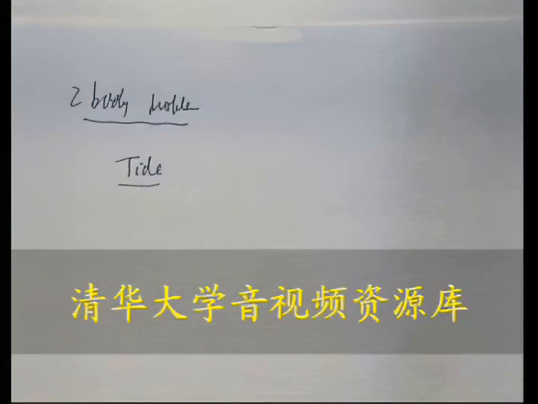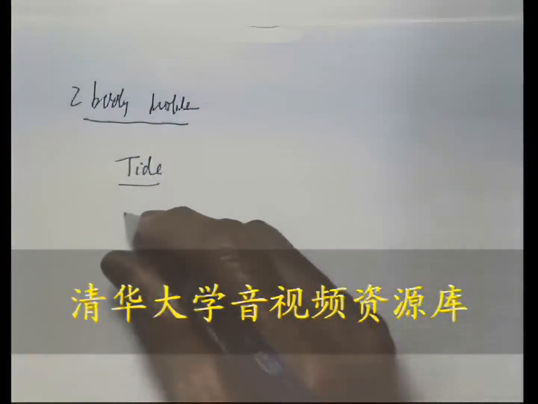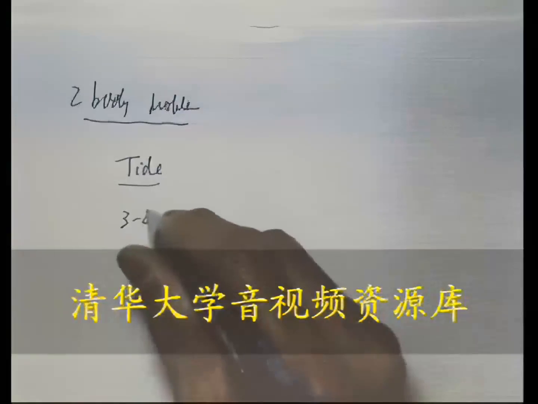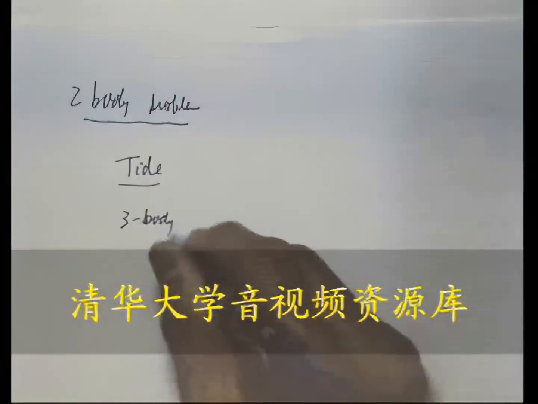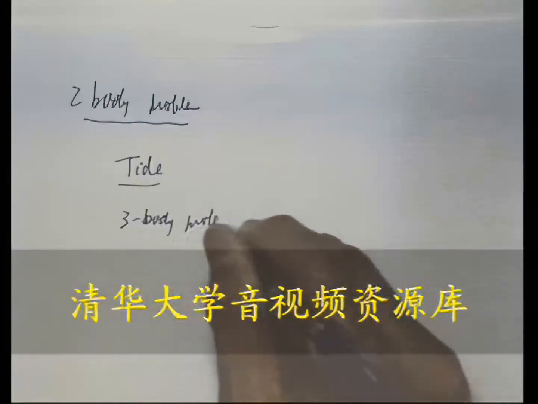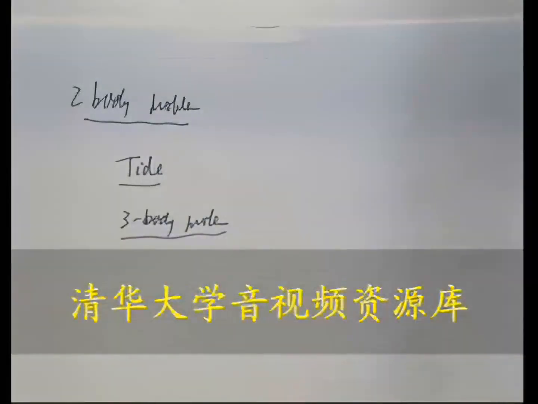And Newton had a complicated discussion of this fact. Newton had discussed the three-body problem. The most important three-body problem is, of course, the motion of the moon relative to the sun and the earth.